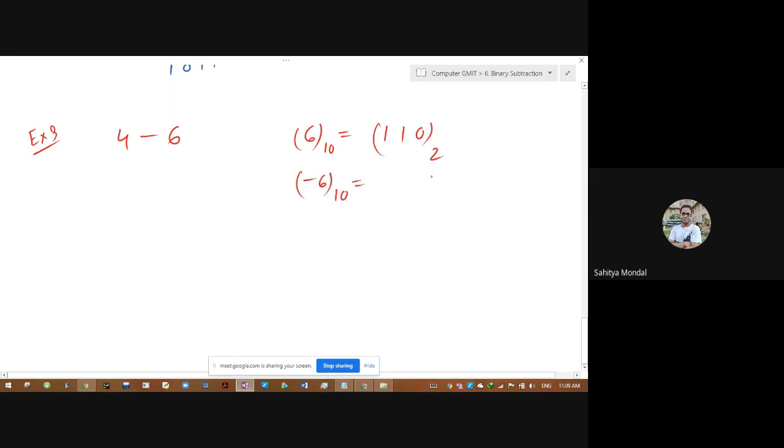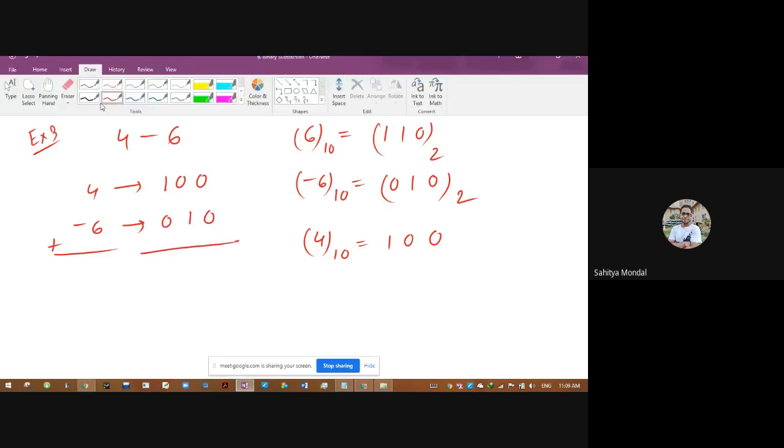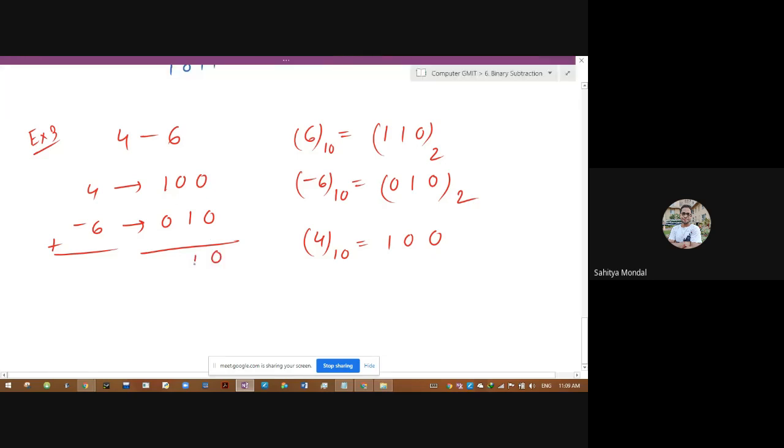So what I get? 0 1 0. Okay. Now what is 4? 4 is 1 0 0. So I am going to add 4 and minus 6. What is minus 6? We have computed 0 1 0. Just sum them. So 0 1 1.